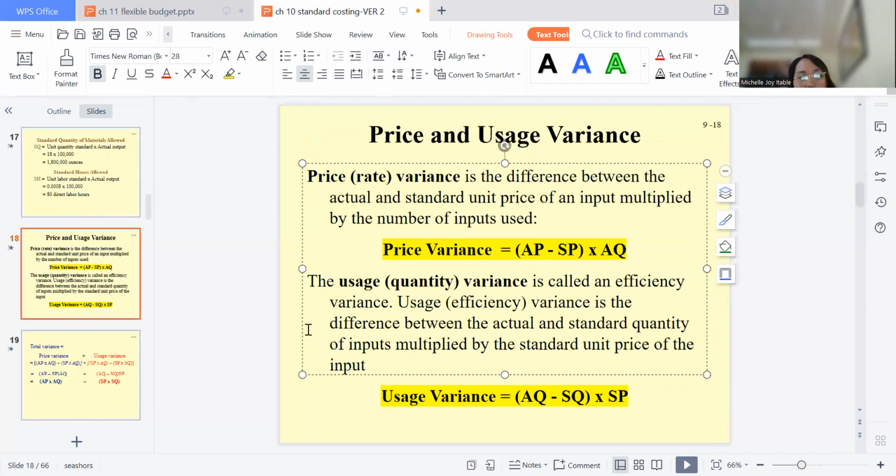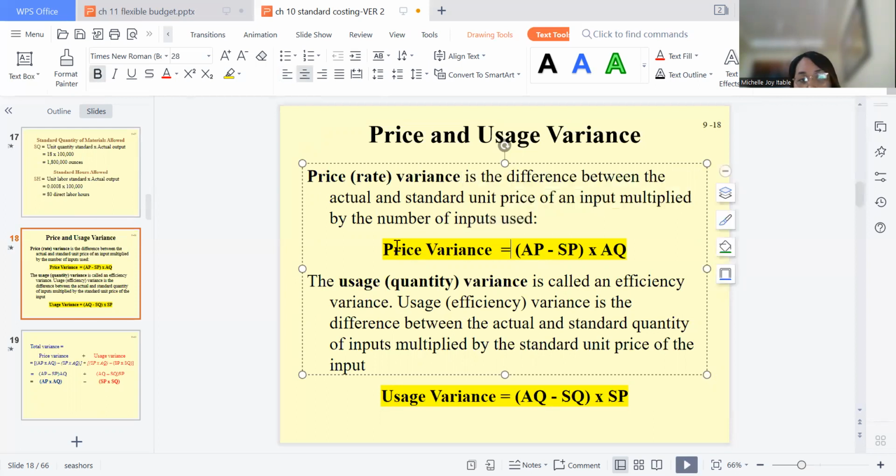So we have here, class, two types of variances in materials and direct labor, and I think the same in overhead. We have two main categories of variances. The first category is the price variance. There is a difference between the actual and standard unit price of an input multiplied by the number of units used.